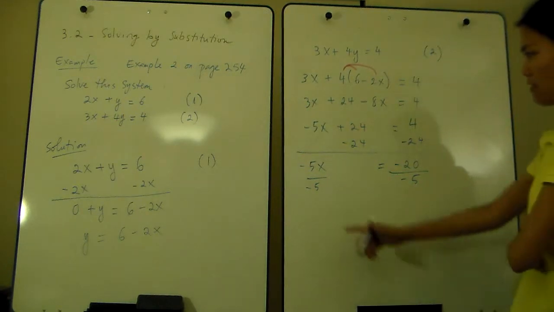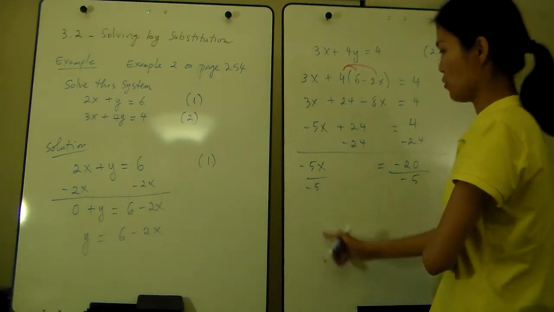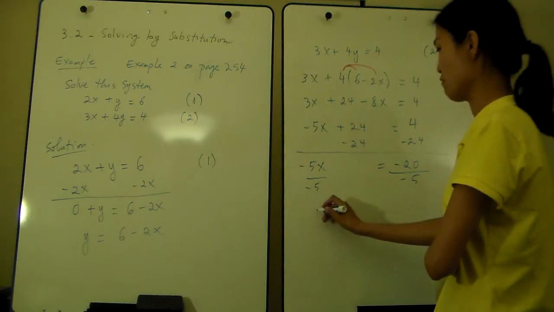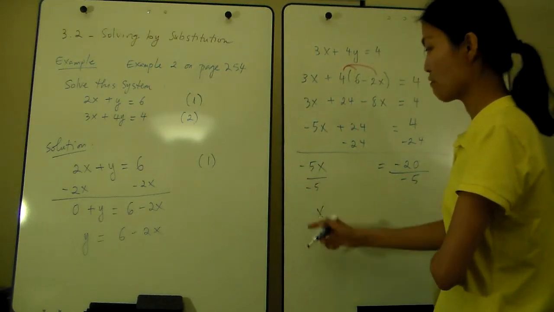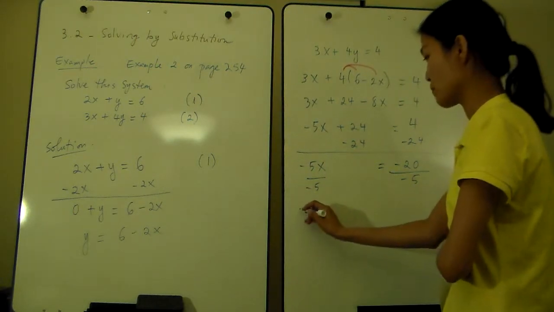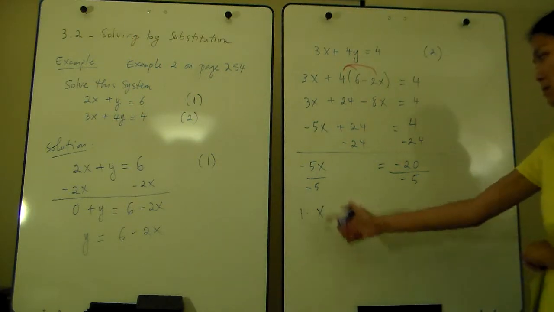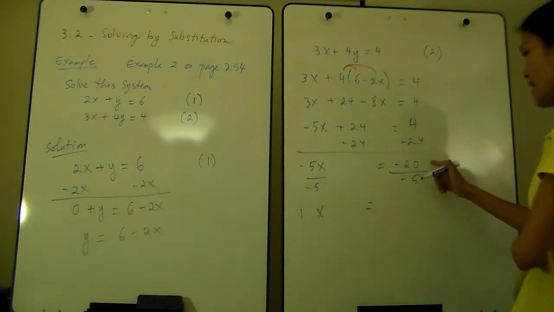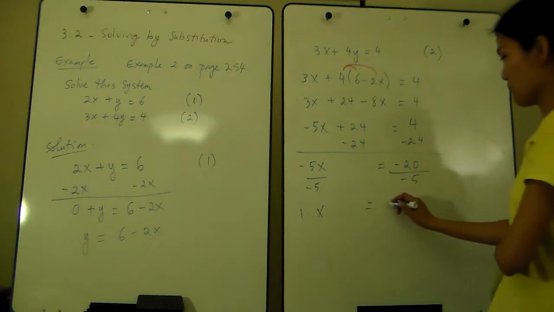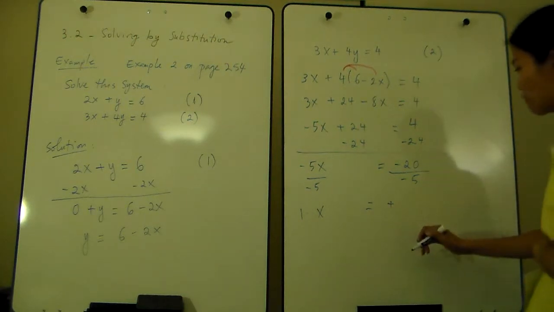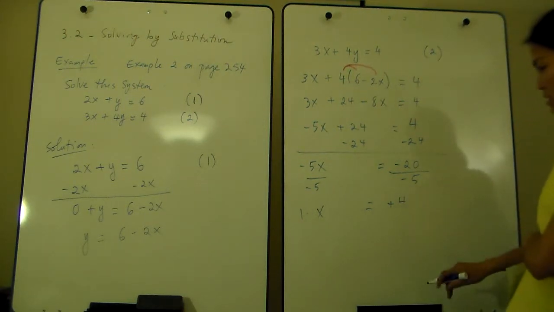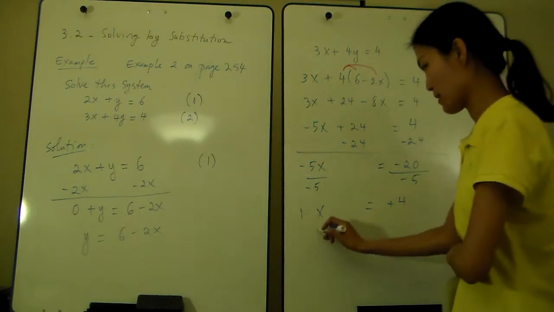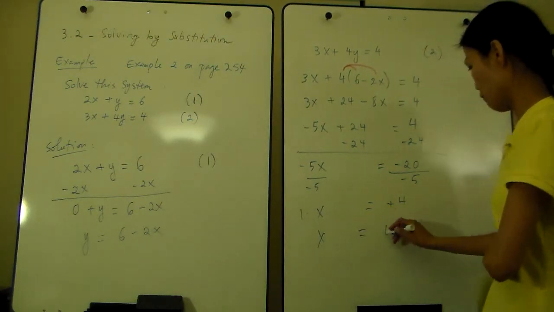Negative 5 divided by negative 5 is positive 1, 1 times x. Negative divided by negative is positive, okay? So 20 divided by 5 is 4. So that means simplify 1 times x is x equal to 4.